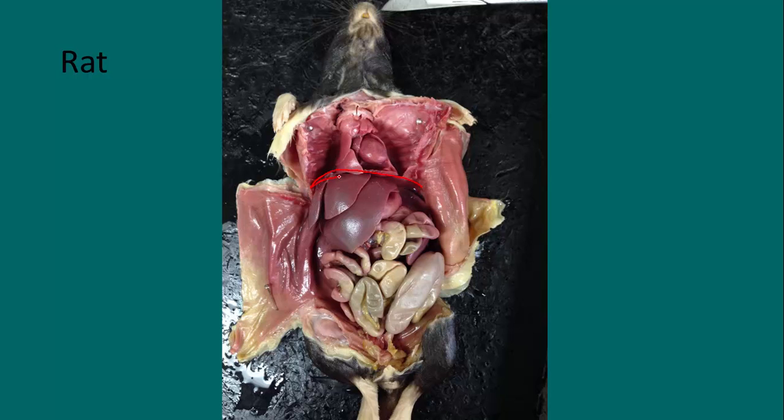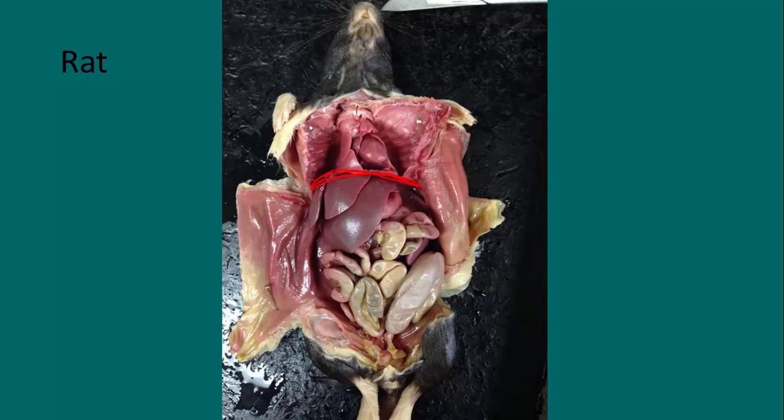So if you've done your respiratory structures reading, you'll know about the diaphragm and how it aids in breathing. Frogs actually don't have a diaphragm, which we're not going to get into in this class. So what we're focused on for this section is the digestive structures.